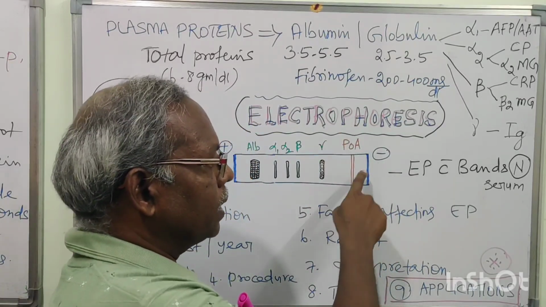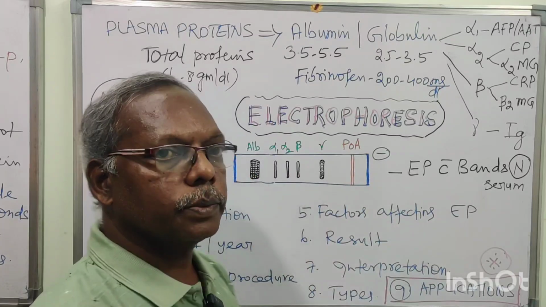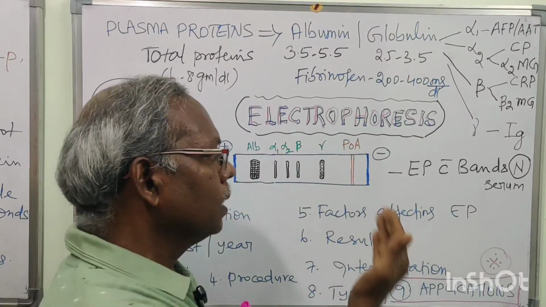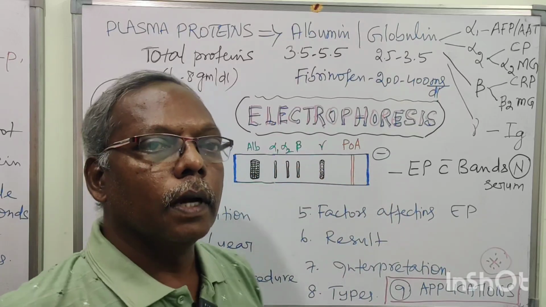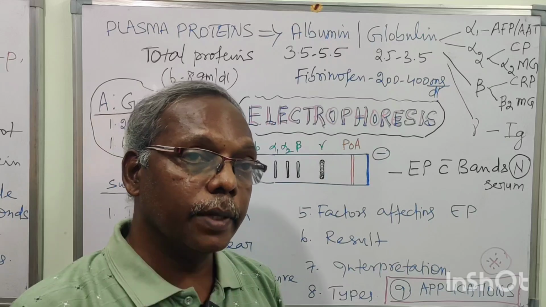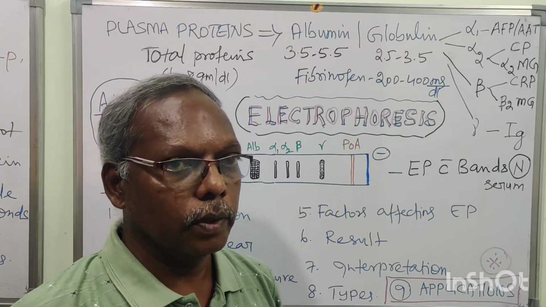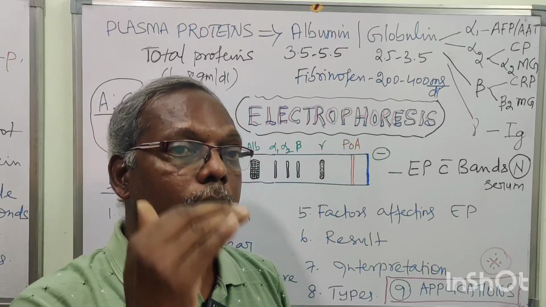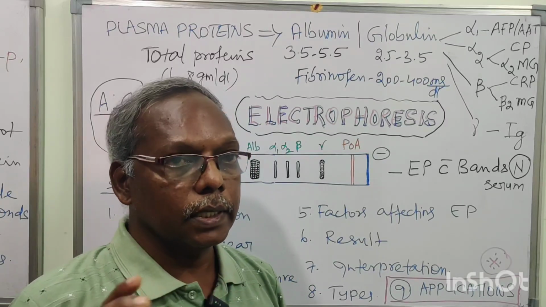After switching on the apparatus, the particles, that is protein or any amino acid or immunoglobulin or lipoprotein, will move from the negative to positive side, depending upon their size, shape, molecular weight, like that. After 1 hour, after 2 hours, after 48 hours, like that. There we have so many procedural techniques.